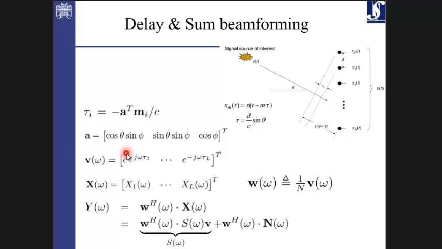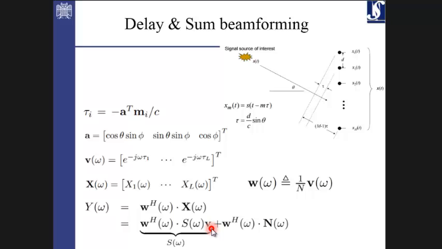You are compensating all the phase shifts, and by doing that you're aligning all the signals for all the microphones. And W Hermitian times V here, because S is considered a single source, so it can be taken out. You just apply this vector to the vector V, so W Hermitian V means aligning all the signals for every single microphone.